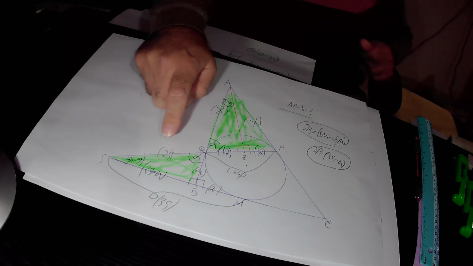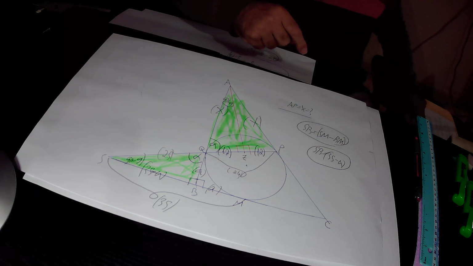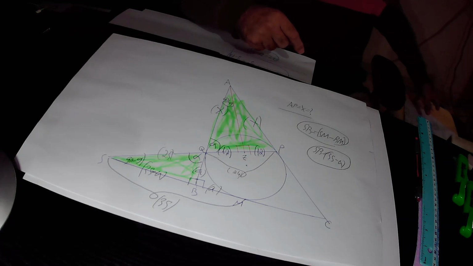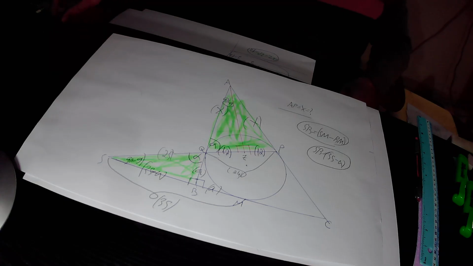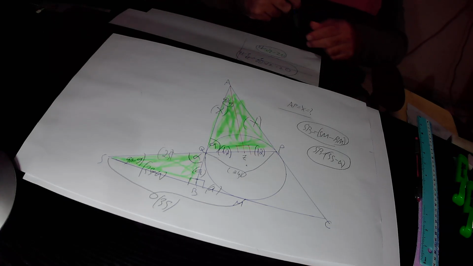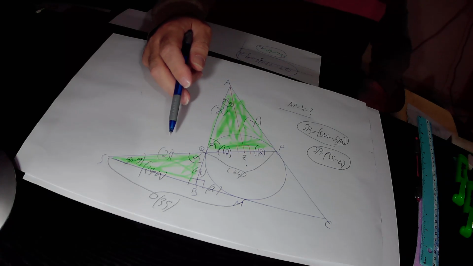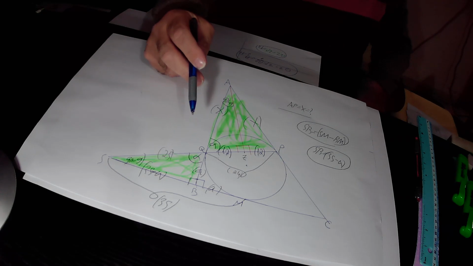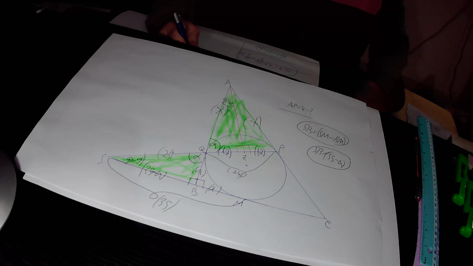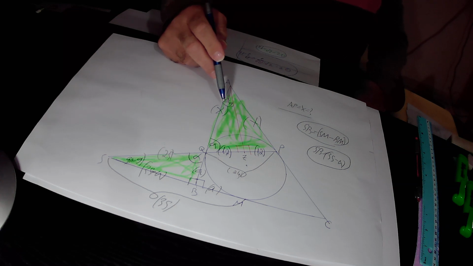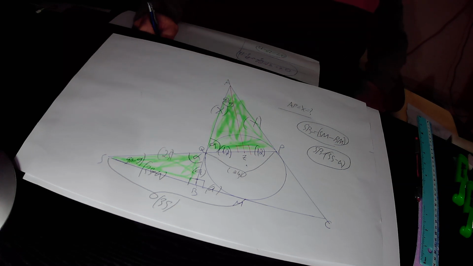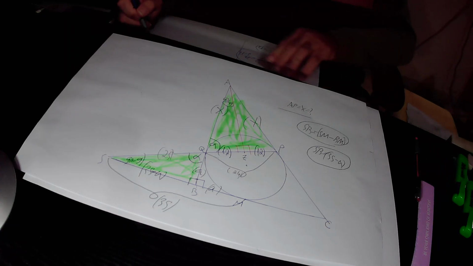So I write it down. We found out that this is the green small right triangle QBS, and it is similar to this big right triangle AQZ, according to the angle similarity rule.